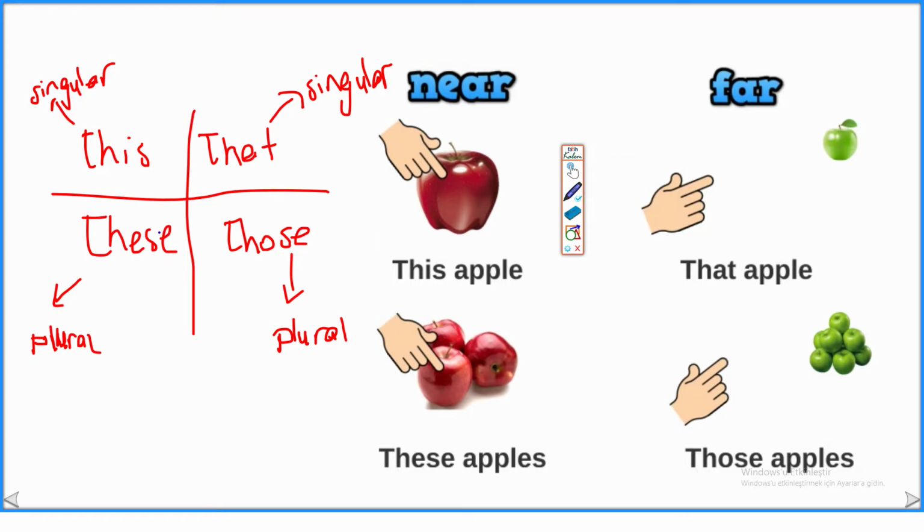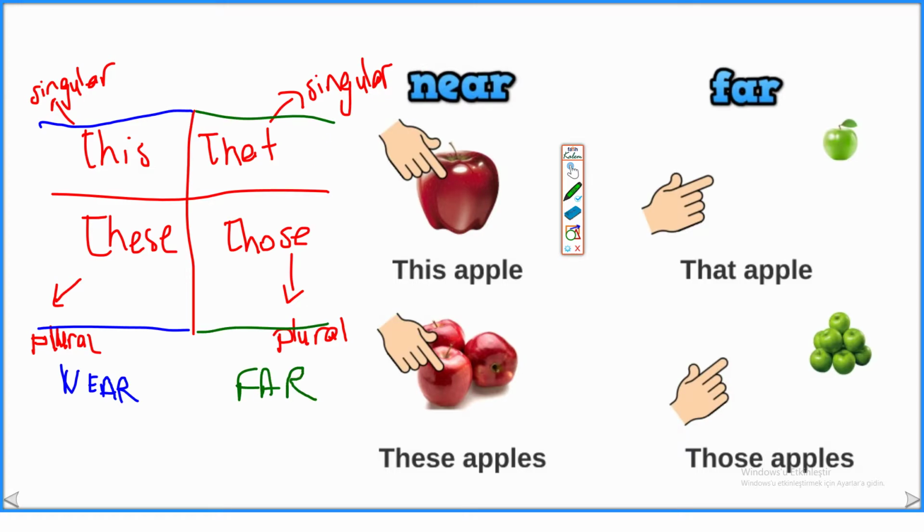As you see, this side is near, and this side is far. When it is far and singular, we use that, but when it is far and plural, we use those.